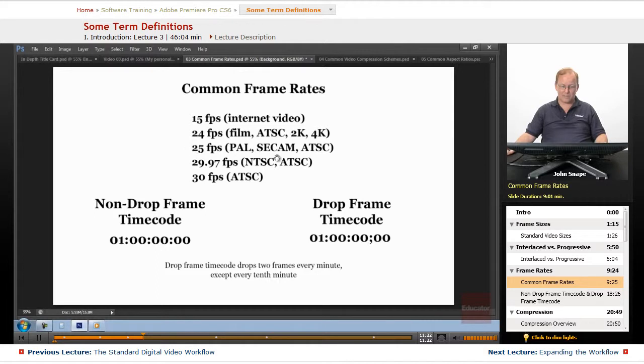And you'll notice that it also has these other frame rates that you can use for ATSC. That's just one of the valid frame rates that you can use with ATSC. And 24 frames is also used for 2K and 4K video. So if you have a Red camera or a RED Epic camera and you're using 4K video, it's going to film at 24 frames a second.